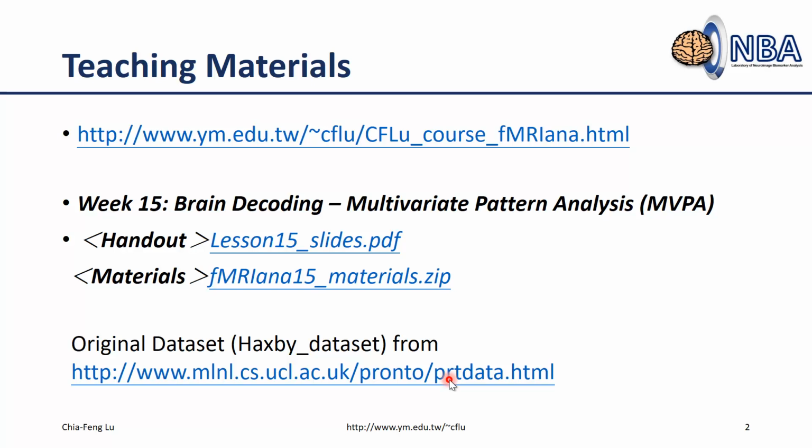This is a very important, classical article that mentioned the basic idea of how the brain can represent external stimuli in a certain activation pattern or some kind of representation pattern. We call this dataset the Haxby dataset, because the original author of that Science paper is this person, a very important scholar in this field.